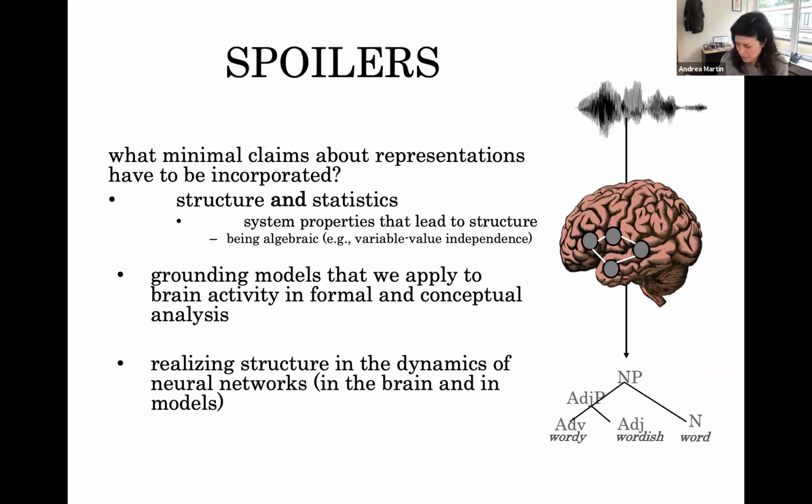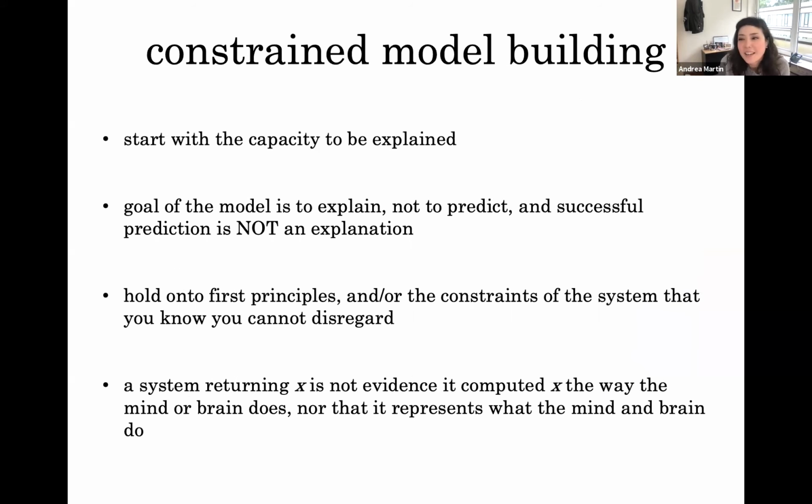We don't really know how to represent either yet, but there's promising ways forward on that. We want to ground whatever models we build to apply to brain activity. And we can do that either on the formal level, but also on the conceptual level. And we want to realize, or at least for me, this is the big spoiler, I think that linguistic structure is realized in the dynamics of neural networks in the brain and in models. So there you go.